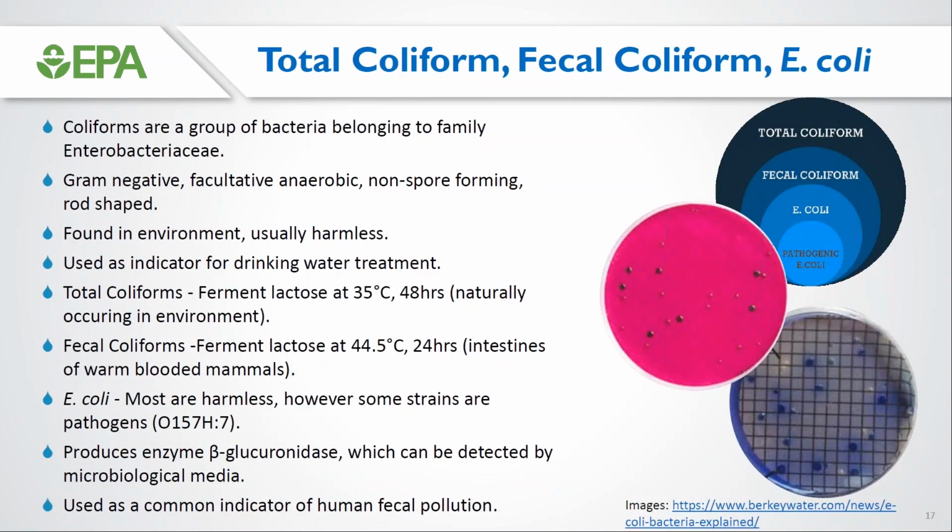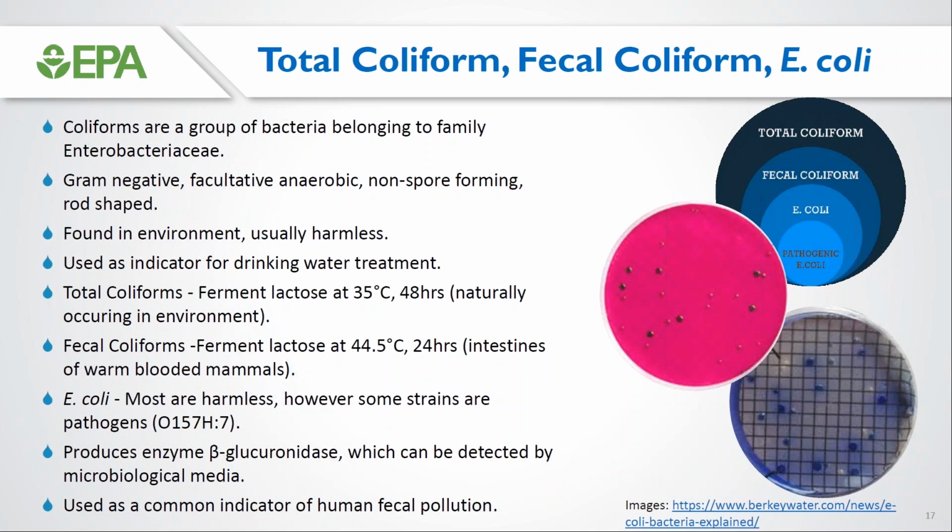So the first group of bacteria that I want to talk about are what we typically refer to as indicator bacteria. These are the total coliforms, fecal coliforms, and E. coli. Coliforms in general are a group of gram-negative bacteria that all belong to the family Enterobacteriaceae.